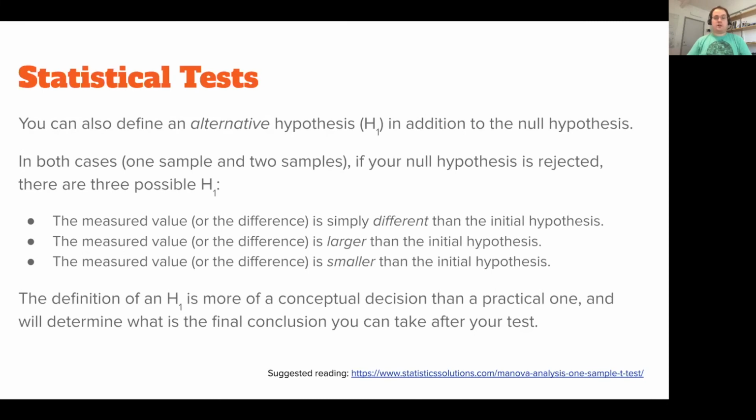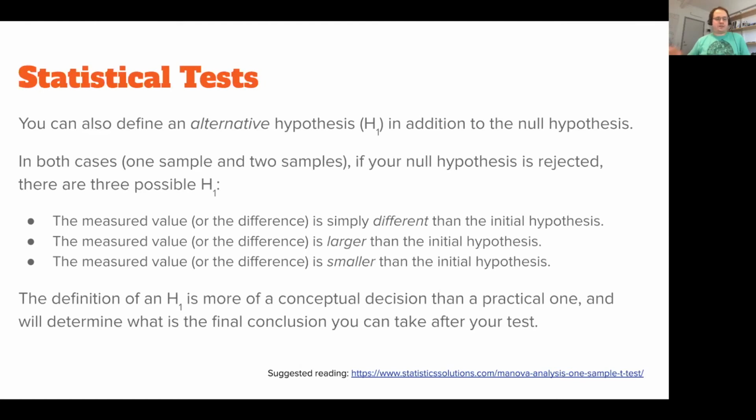Now, there's another concept that's also important, not as important as the null hypothesis, but still interesting, which is the alternative hypothesis. In this case, it's H1, while the null hypothesis was also known as H0. You can also define an alternative hypothesis in addition to your null hypothesis, although for our specific assignment that's not entirely necessary.